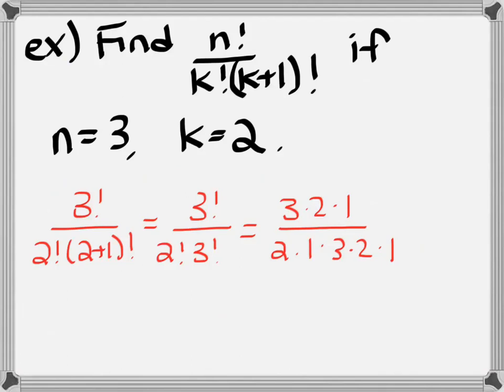And then we can write each of those out. We can then actually cancel some of these numbers because we have a 3 on both the top and bottom, a 2 in both the top and bottom, and a 1 in both the top and bottom. And we end up with a 1 over 2 times 1, which is 1/2.